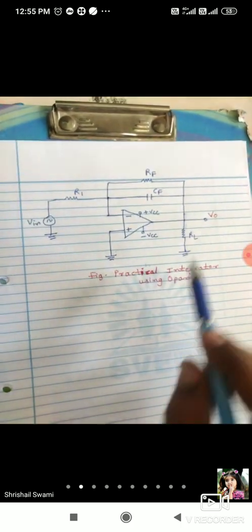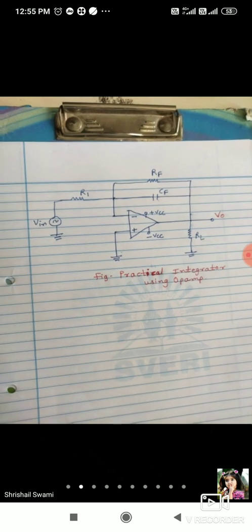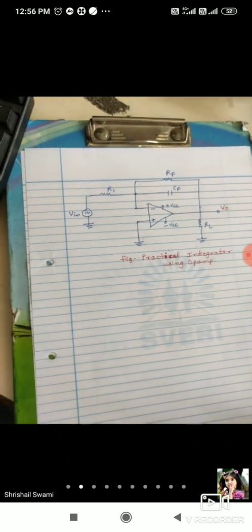So everyone understood now what is the drawback, what is the limitation of the original integrator circuit, and once we understand the drawback, then how to remove it. We can minimize it by using the feedback resistor RF, which we connect in parallel with the feedback capacitor CF.